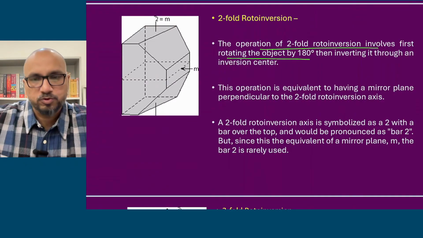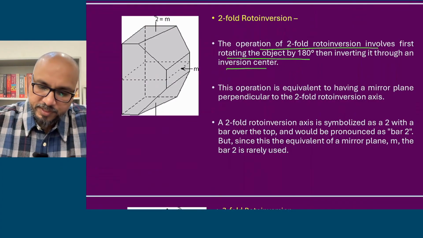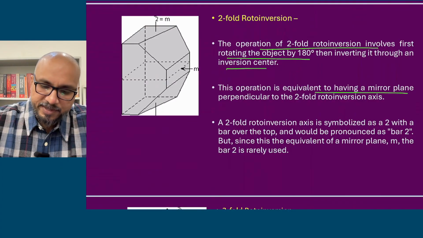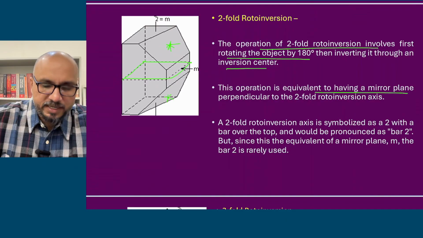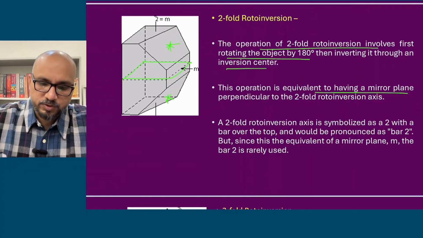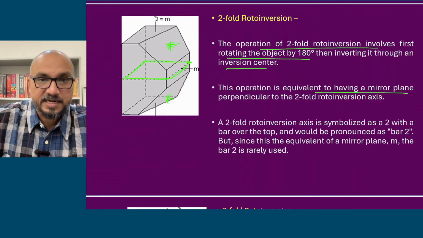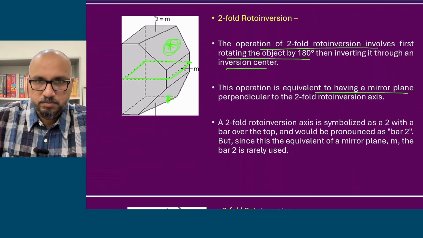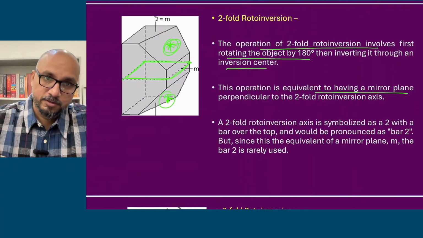Two-fold rotation by 180 degrees and then invert it. So this operation is equivalent to having a mirror plane. If you want this face again, you have to do two-fold rotation, then invert it. So it is equal to having a mirror at the bottom, the upper one is coming down, and the face here is repeating here, so it is equal to having a mirror plane.